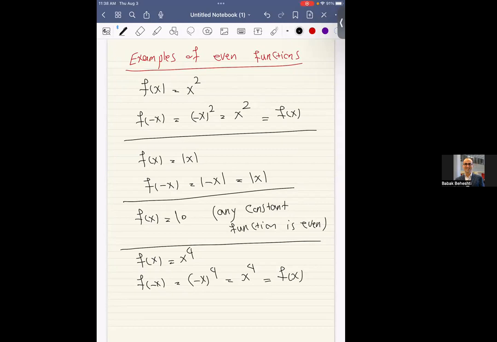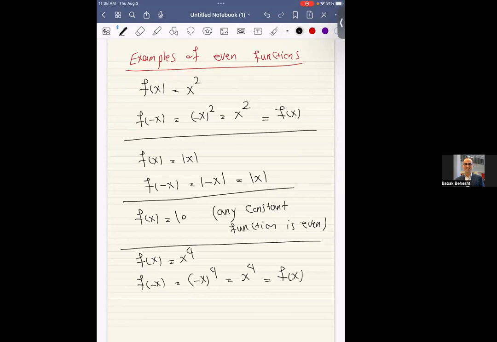Constant function, f of x is constant. Like you have always the same number. Yes, this is for example y equal to 1. It's always constant. For any x, f of x is 1.